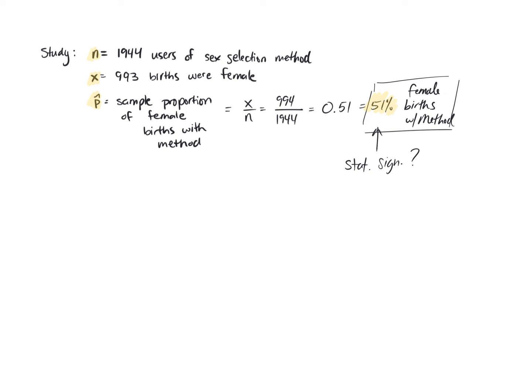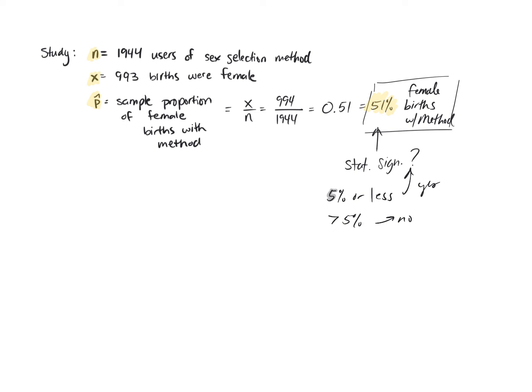So if the chances of getting this result are 5% or less, we say there is statistical significance. But if it's greater than 5%, we say no, there is no statistical significance.